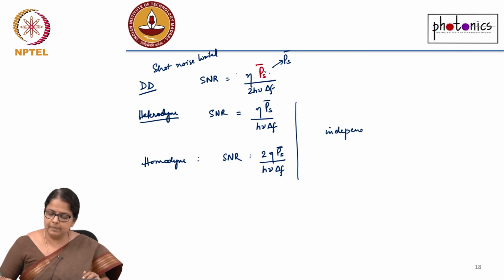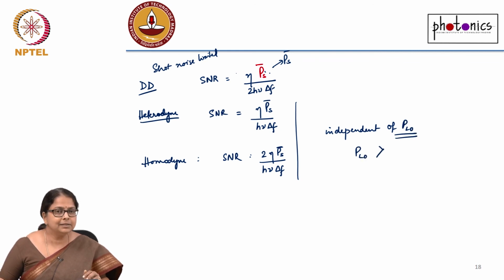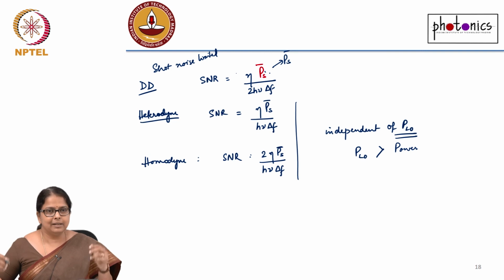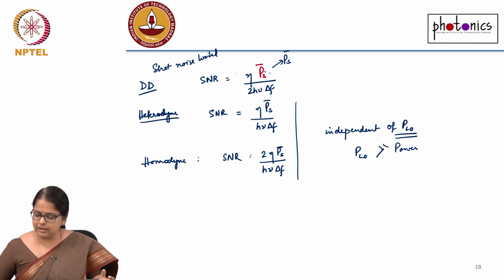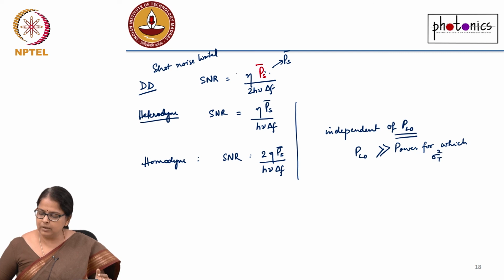But the interesting thing to notice, whether it is homodyne or heterodyne, the improvement is independent of PLO, provided the operation is in the shot noise limited condition, PLO much larger than the power for which sigma t is equal to sigma s square.